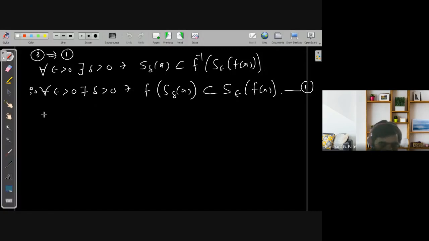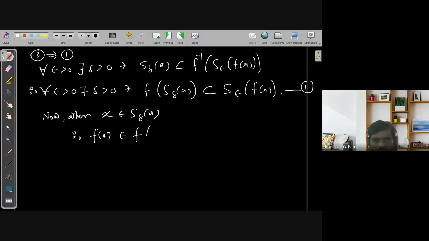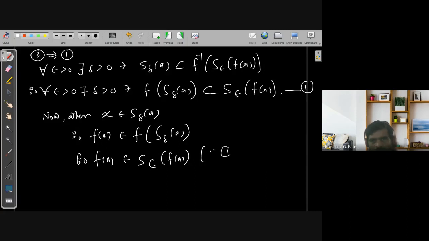So now when x belongs to S delta of A, this implies f of x belongs to f of S delta of A. So due to 1, we can say that f of x belongs to S epsilon of f of A.